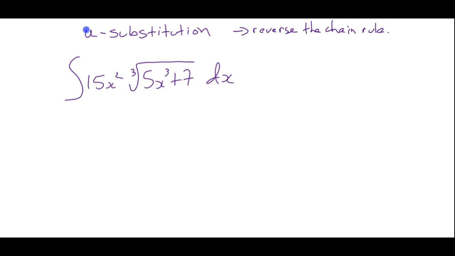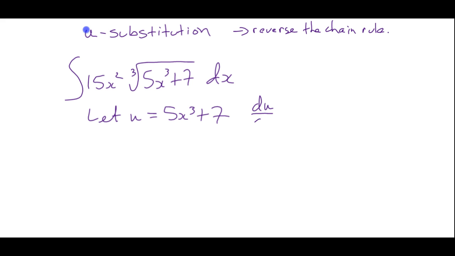So what we do is we let u equal 5x cubed plus 7. Hence, u substitution. Then what's du?